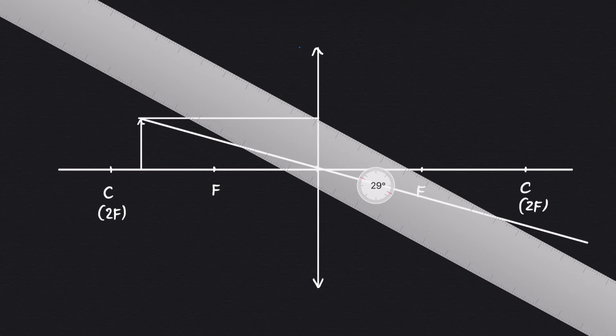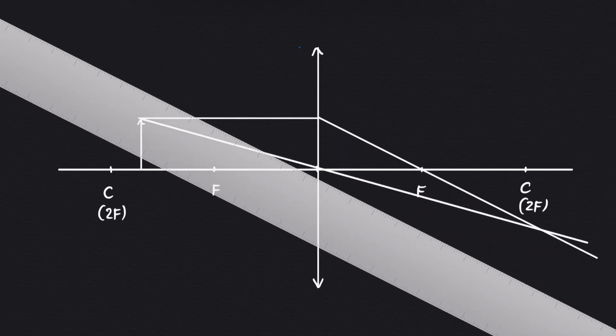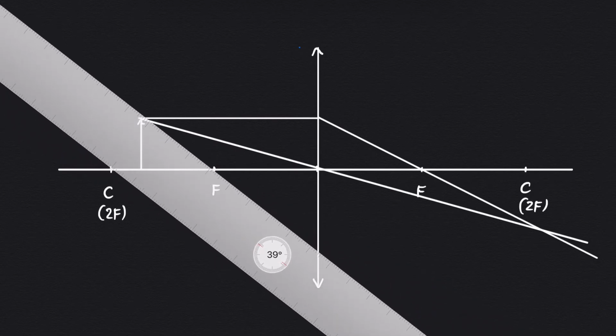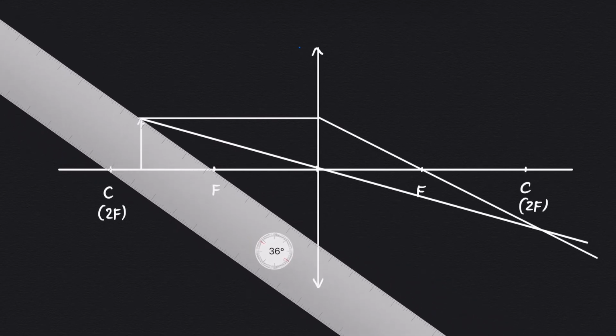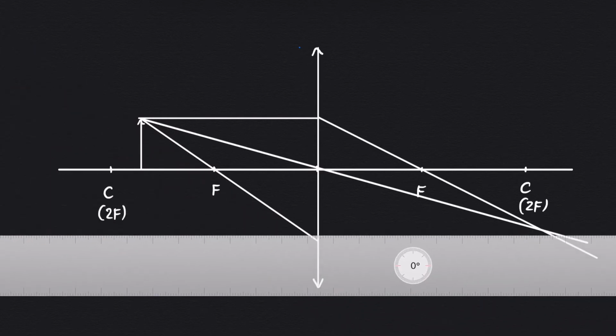So from that point and the focus, draw a line, and finally draw a line passing through the focus on the object side until the lens, and at the lens draw a parallel line.